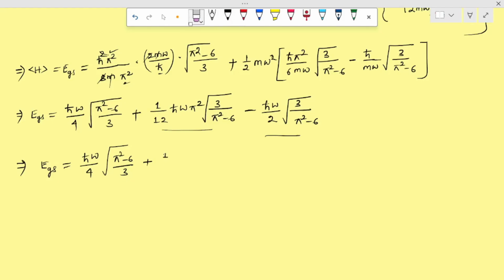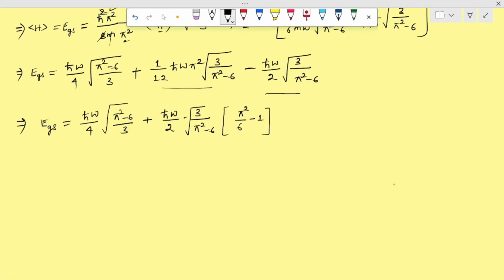That means here we can take common from these two terms, h cut omega by 2 into 3 by pi square minus 6 whole root over, then we can find 1 by 6 minus, sorry, pi square by 6 minus 1, pi square by 6 minus 1, this much we can find, right.